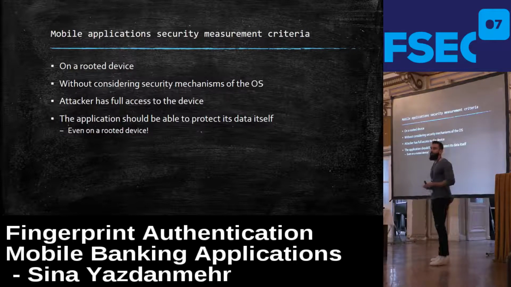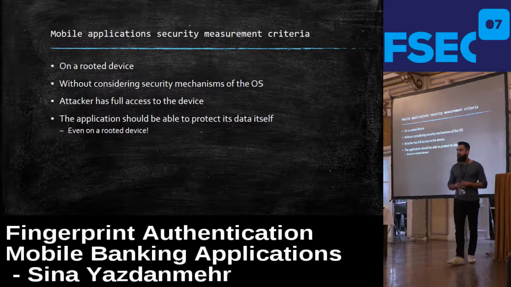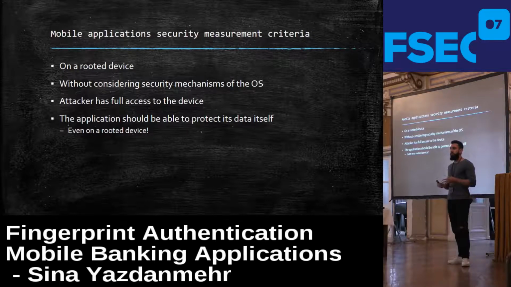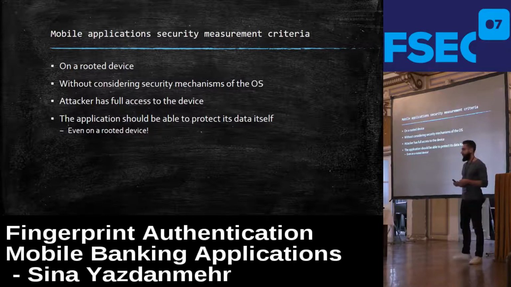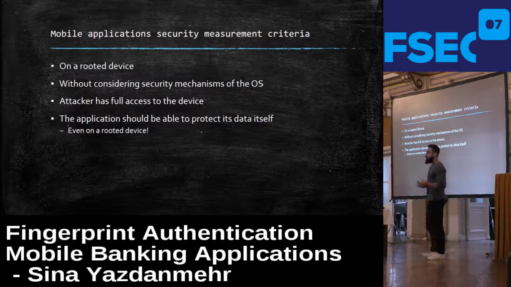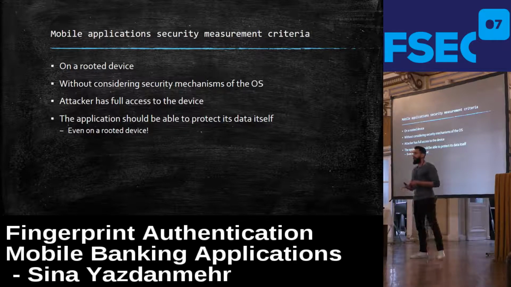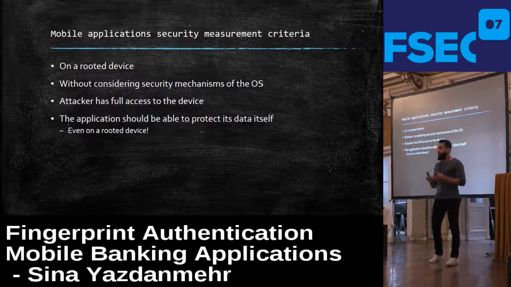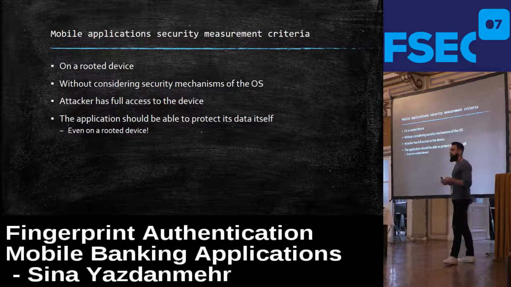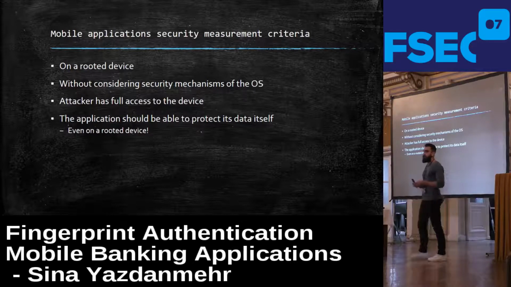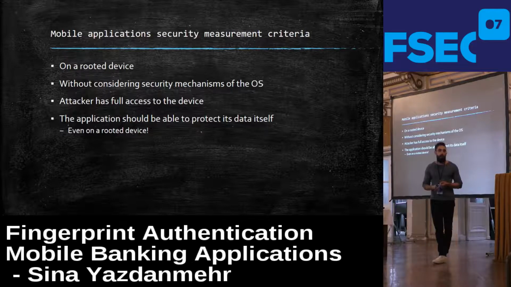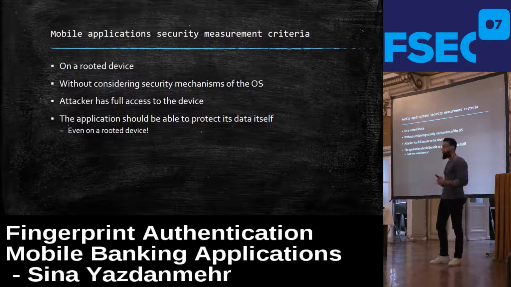Before I start our main topic, I need to explain how we measure security of a mobile application. Basically, the base assumption is that an attacker has full access to a device. I mean, physical access, the device is rooted, there is no screen lock, and the attacker is able to plug the device into his own computer.